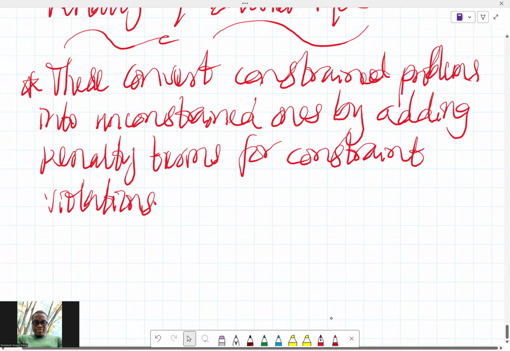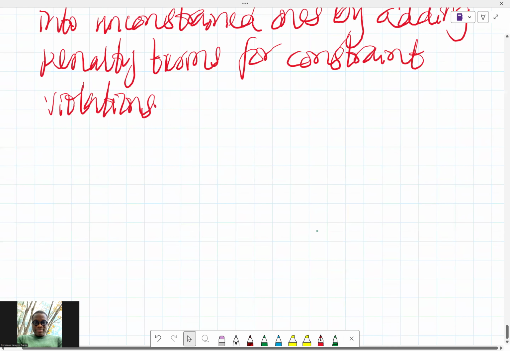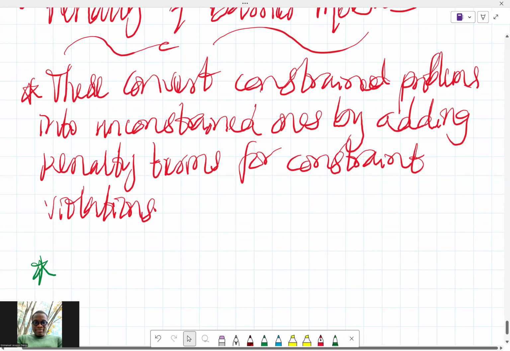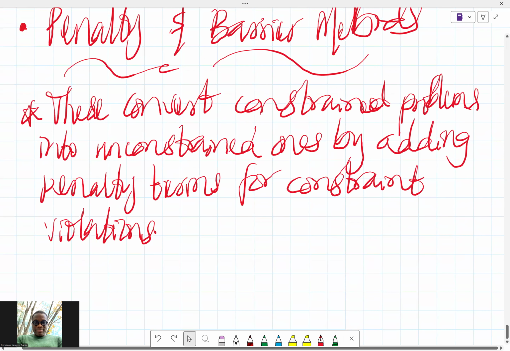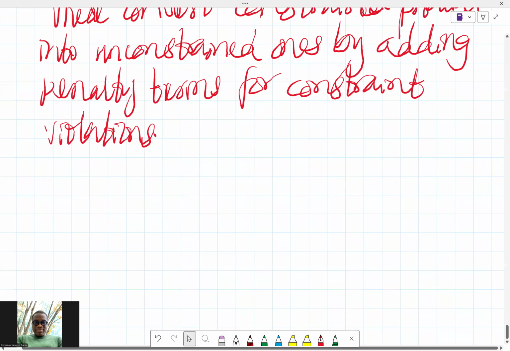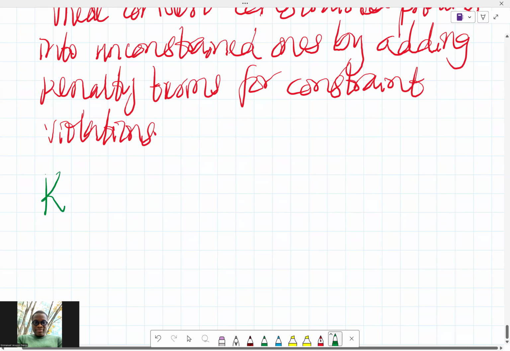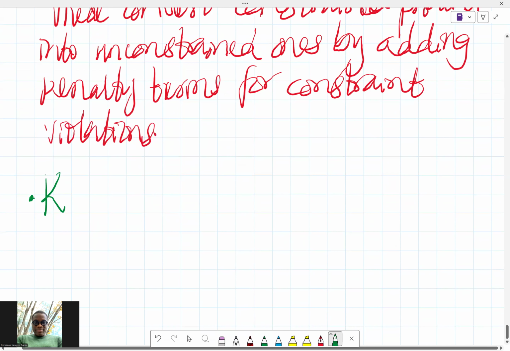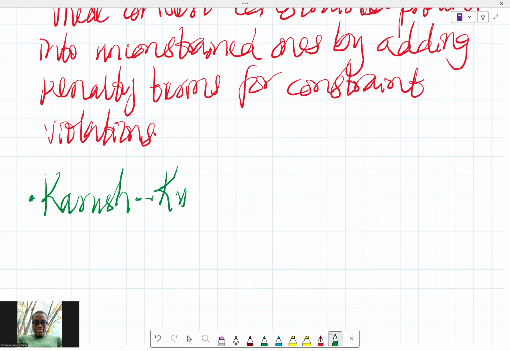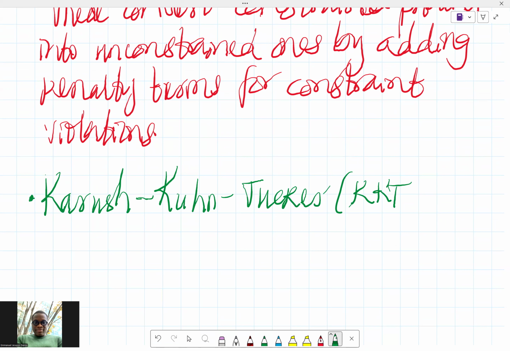Another one would be the Karush-Kuhn-Tucker conditions, KKT conditions.